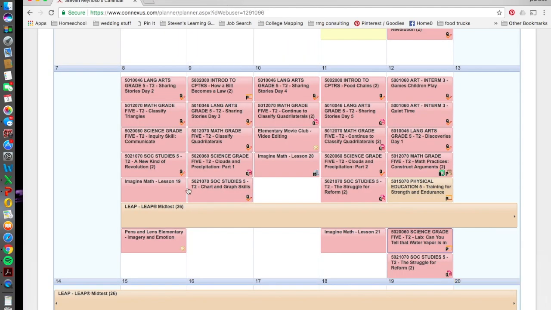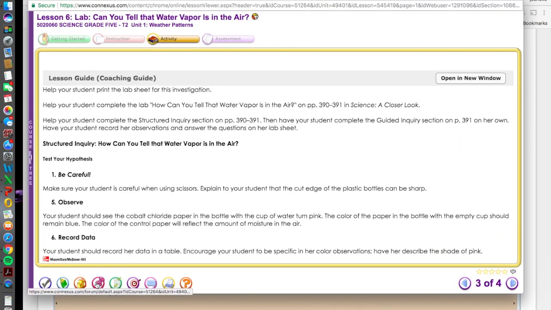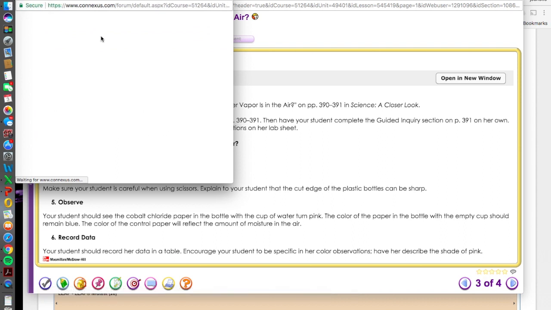Now, our teachers are really good about making sure we have all the information that we need. If you look down here, you have the library, the little resource backpack, the forum. So I would click here on the little thumbtack.